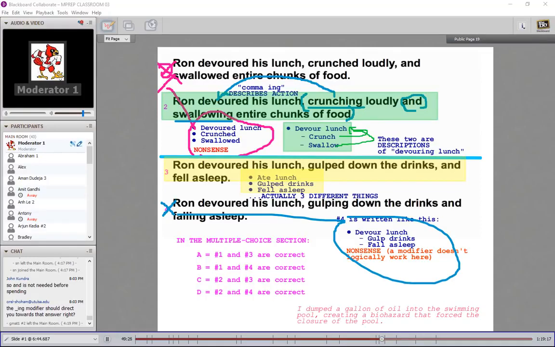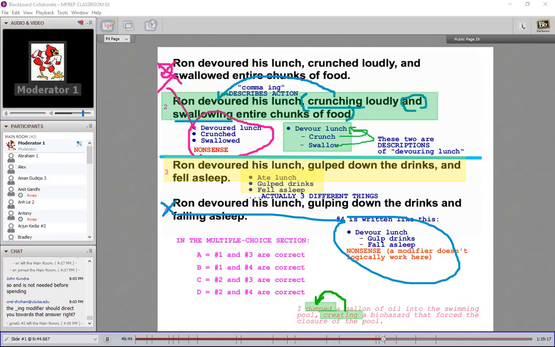You could also use comma-ing to do this, where there's your action, and there's your immediate, unavoidable consequence of it. It's not a delayed thing. This is immediately what resulted from that.